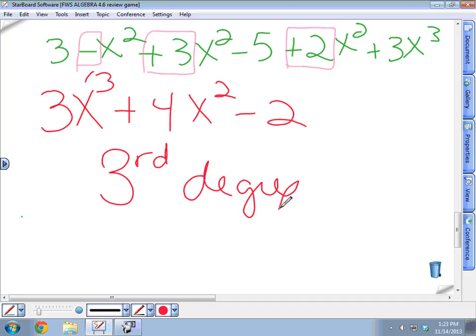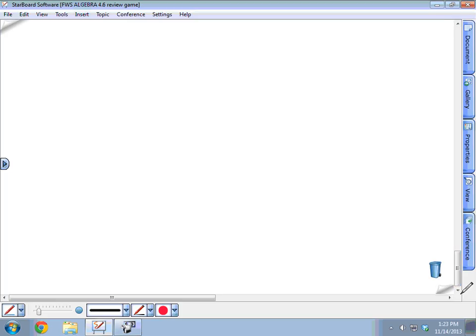Okay, let's move on to the back page of this on 54. I just want you to add some of these, which isn't too bad. And then they want you to subtract. So let's do number 7, the first one they have here. 2x plus 3. And then they want you to first add.